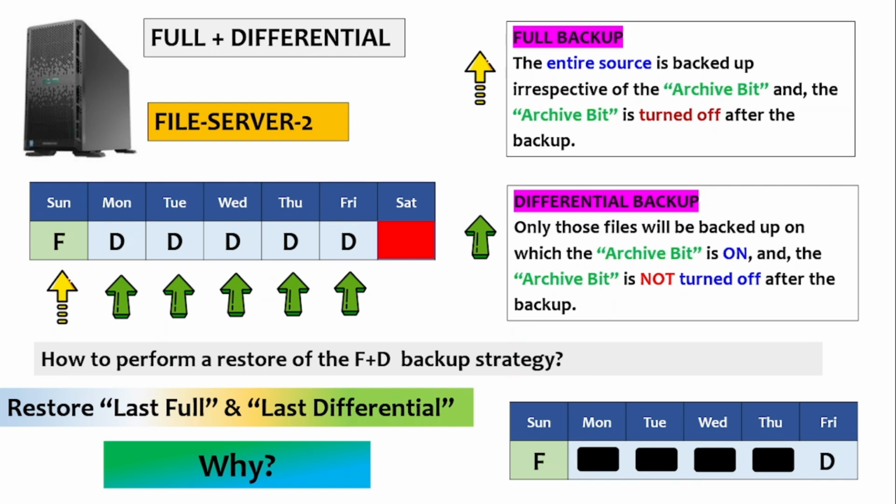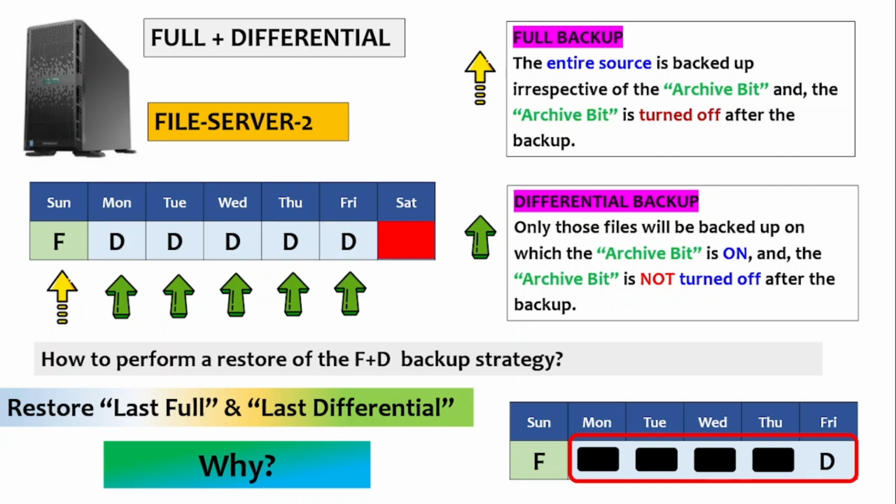Monday, Tuesday, Wednesday, Thursday, all the 4 days' backups are present in Friday's differential, because the archive bit is not getting turned off after Monday's backup, Tuesday's backup, Wednesday's backup and Thursday's backup.